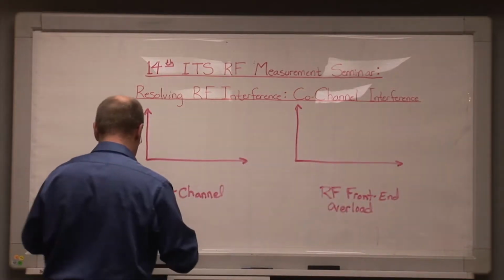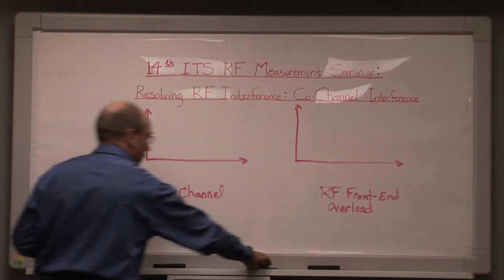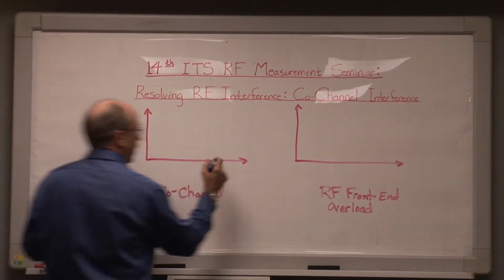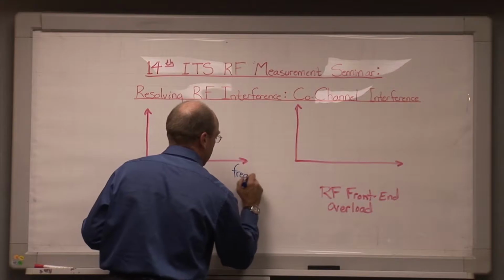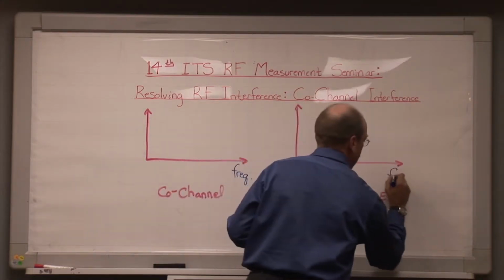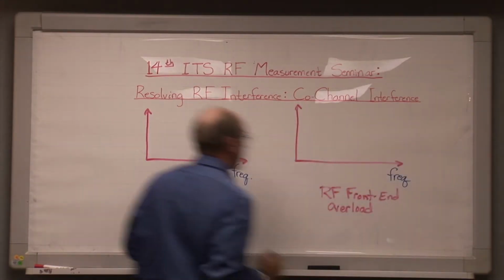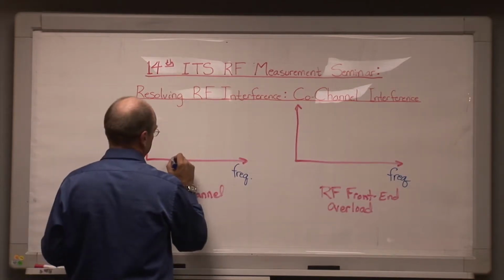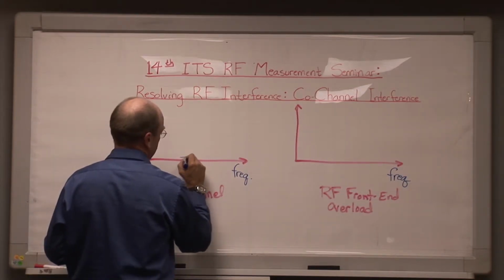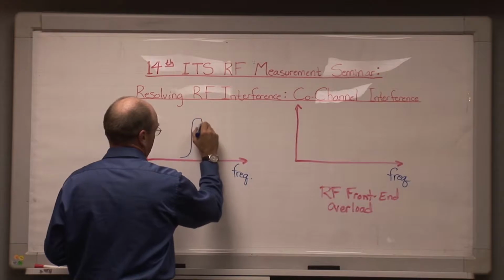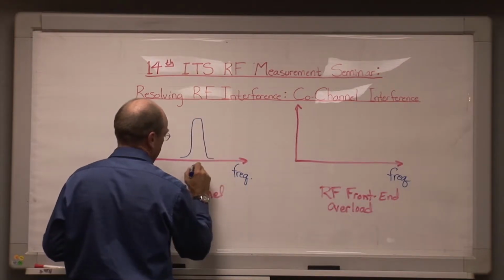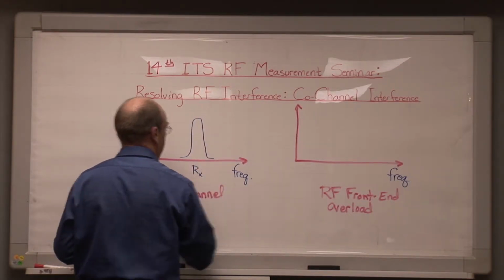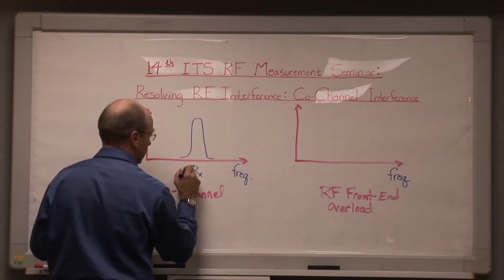All right. Here's what we have. In both cases, we have a receiver which has a window in the frequency domain which looks something like this. And this is the desired frequency of this receiver.